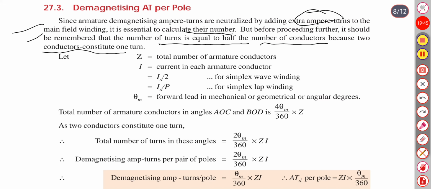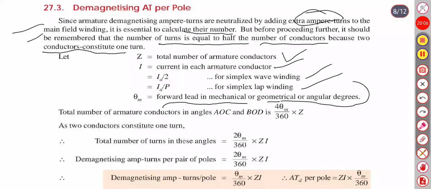So Z is the total number of armature conductors, I is the current in an armature conductor, IA by 2 for simplex wave winding, IA by P for simplex lap winding. Theta m is the forward lead in mechanical or geometrical or angular degrees.